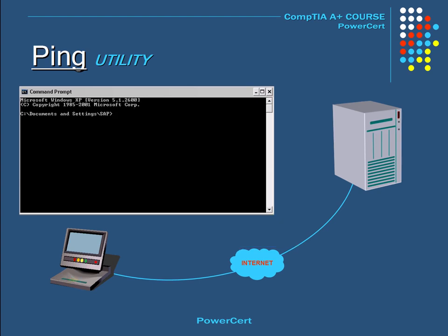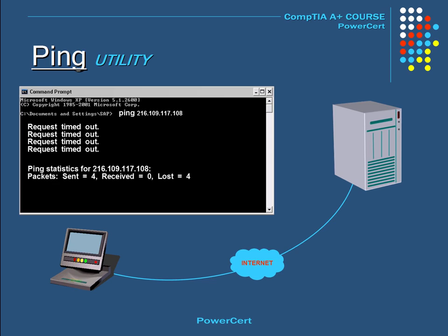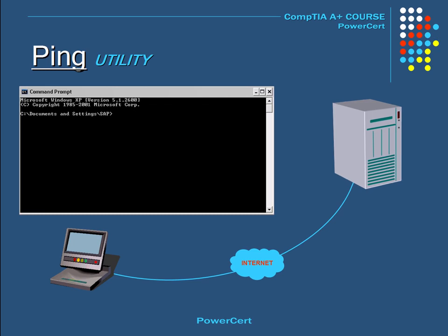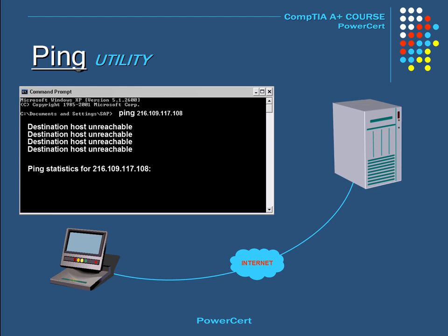If we pinged the host and got a message that says request timed out, then that could mean that the host is down, or that it's blocking all ping requests. Or if we got a message that says destination host unreachable, then that message is coming from a router, and it means that a route to the destination cannot be found.